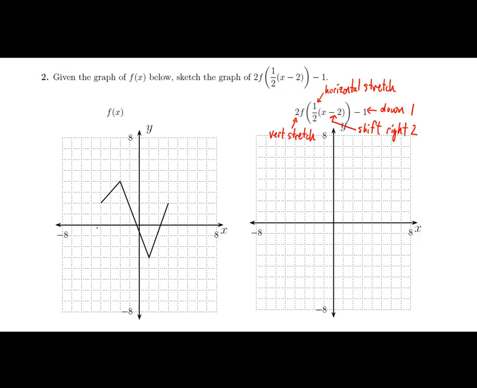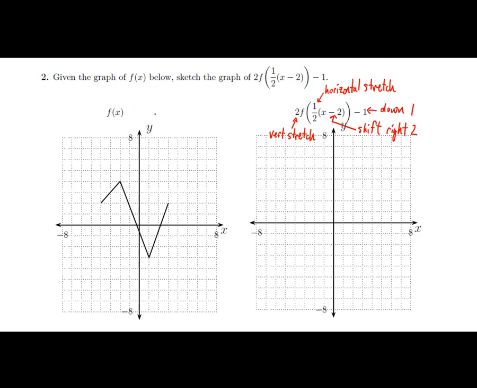So what I want to do is look at this original function and know that all of this has to happen to all of these points. Okay, and I would say when in doubt, it's probably a good idea to do an intermediate step. So I think what I'll do first is apply just the vertical stretch and horizontal stretch.